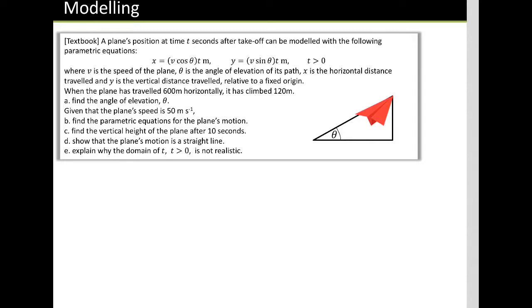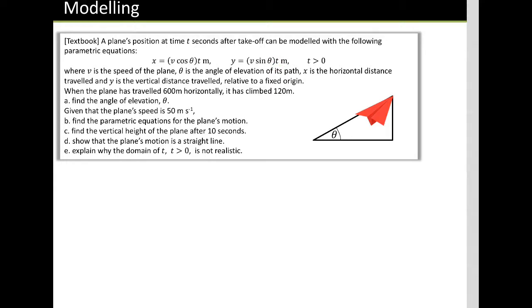But what they're doing is they're going to help you through this. They're not going to just leave you there to work it out. Yes, this is something that you haven't had a whole exercise on, but I'm sure they're going to step us through it. So we know it's parametric equations, and we know we've got x equals v cos theta t and y equals v sin theta t.